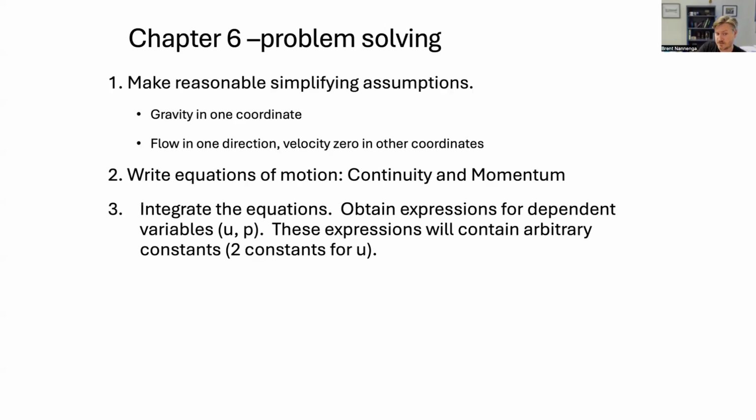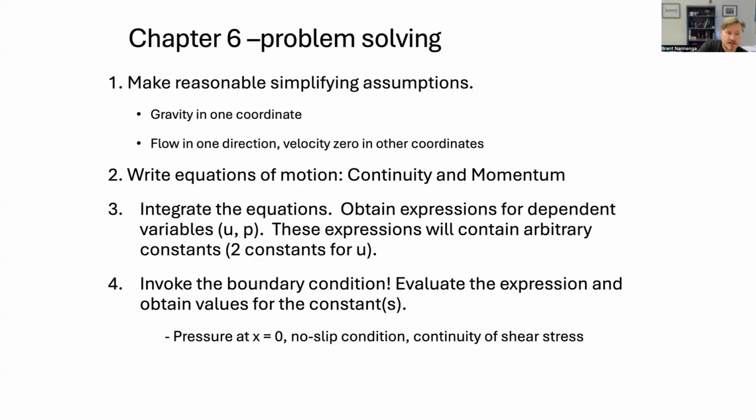We're going to get two constants for velocity. Because we have these constants, we also have to define boundary conditions, which are going to allow us to solve for those constants. You'll see there are various types of boundary conditions that we can use, and that's really the key part of these problems. If you identify the wrong boundary conditions, it's going to take you down the wrong path of solving the problem. Once you solve for the constants, you rearrange your equations and solve for the desired parameter, pressure or velocity.